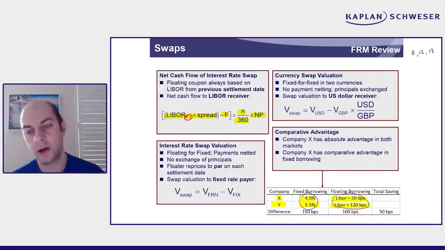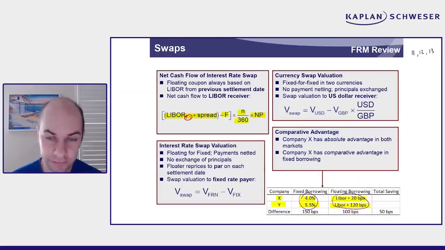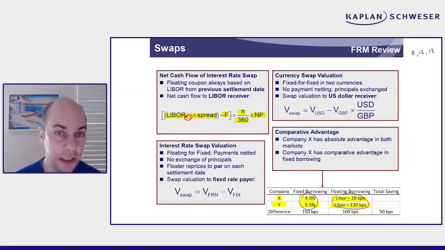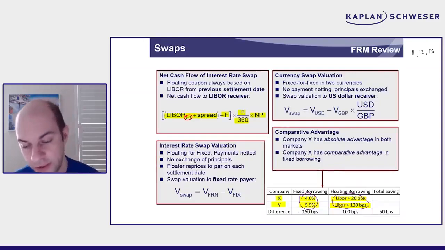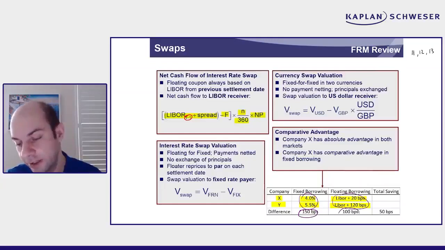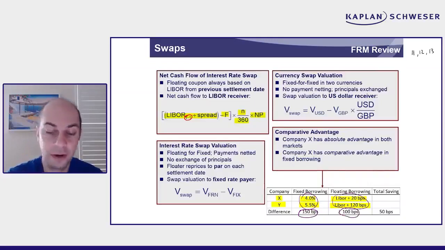However, according to the theory of comparative advantage, X can only hold comparative advantage in one of the two markets. And in this case, it holds the comparative advantage in fixed borrowing. Why? Well, because the difference in borrowing rates in the fixed market is greater than the difference in borrowing rates in the floating market.